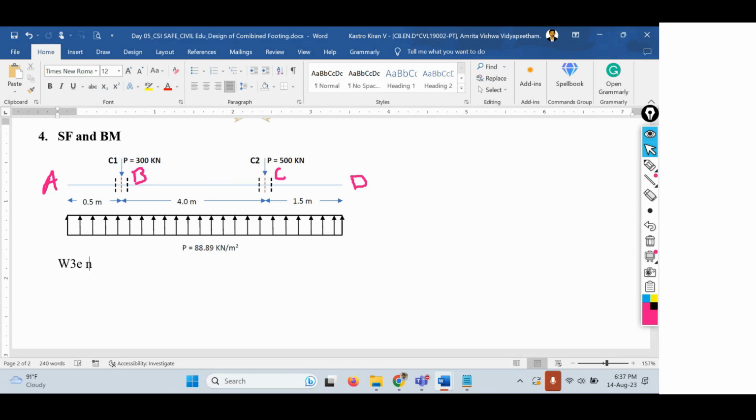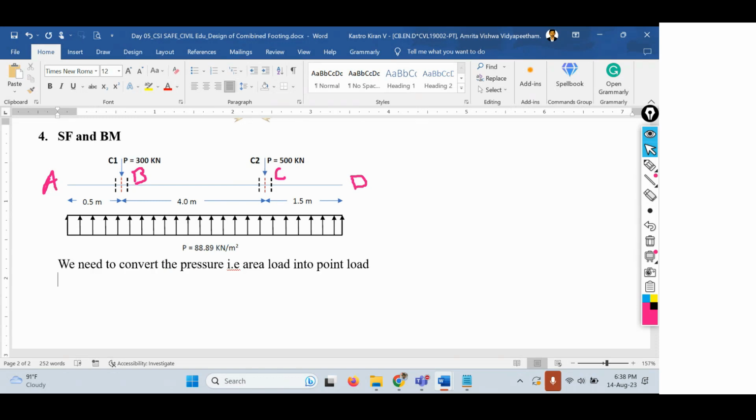So we need to convert the pressure, that is area load, from kilonewtons per square meter to kilonewtons per meter. How do we convert that?